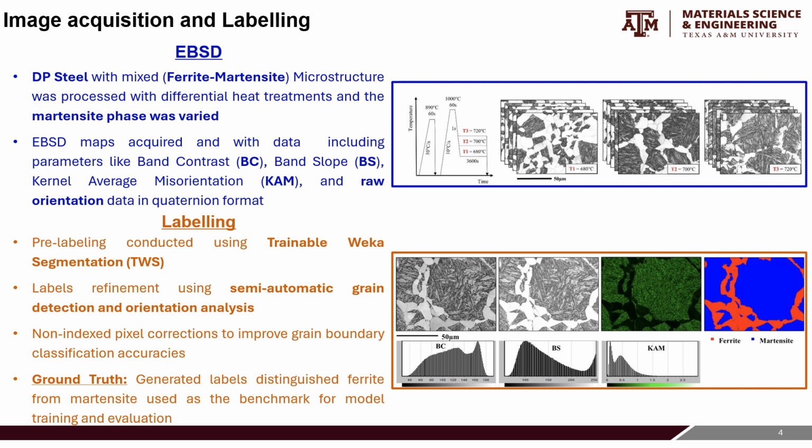Then the ground truth labeling of ferrite and martensite was used as a benchmark for the training and evaluation data. If you look at the figure on the right, these specific EBSD indicators from the left to the right are the band contrast, the band slope, the kernel average misorientation, as well as the ground truth data. Each indicator except the ground truth has its own histogram.